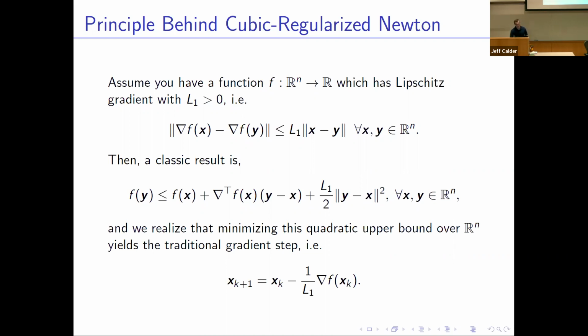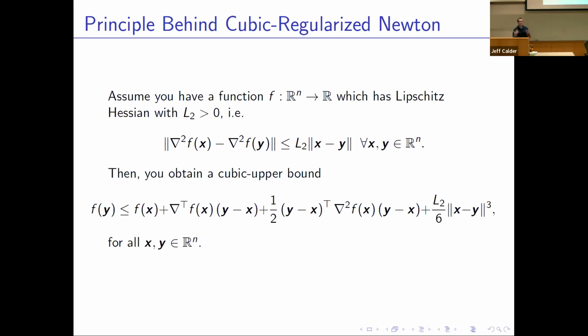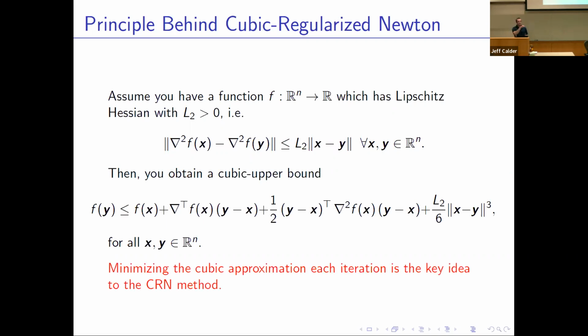For cubic regularized Newton, the spirit is, let's say I have not just a gradient Lipschitz condition, but a Hessian Lipschitz condition. So now the second derivative of my function also has to be bounded in a certain way, and from this you can derive a cubic upper bound. The spirit behind cubic regularized Newton is to minimize the cubic approximation of my function at each iteration.